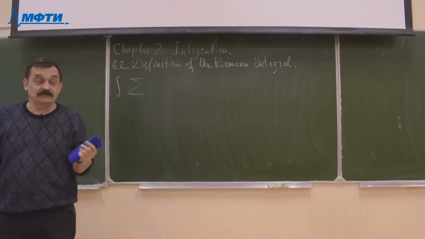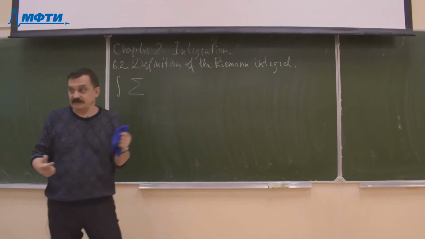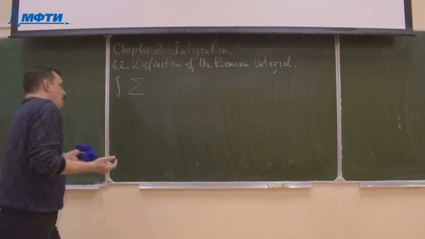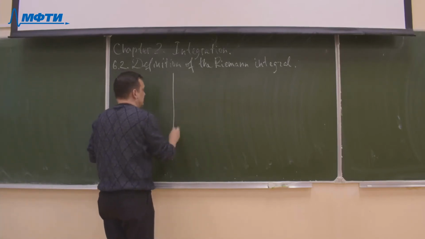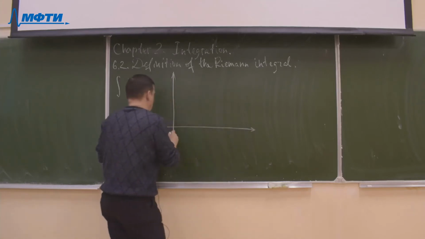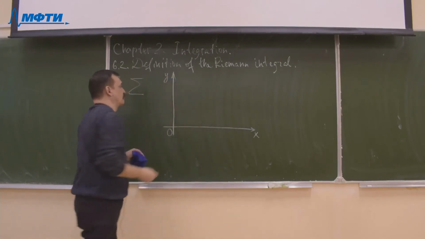And now we'll start with the formal definition. So how? We want to define an area, and we start with the area under the graph of a function.